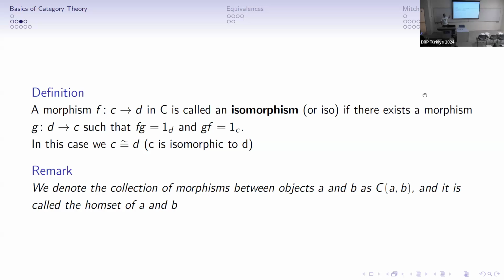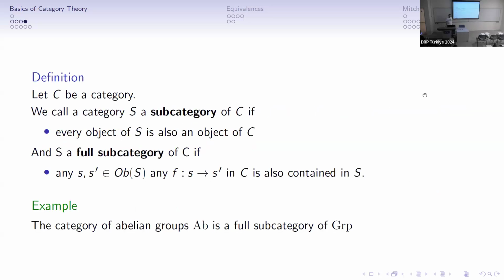And we denote the collection of objects, and the collection of morphisms between any two objects, like this. And we call it a hom-set. But there is an important concept here, subcategory.